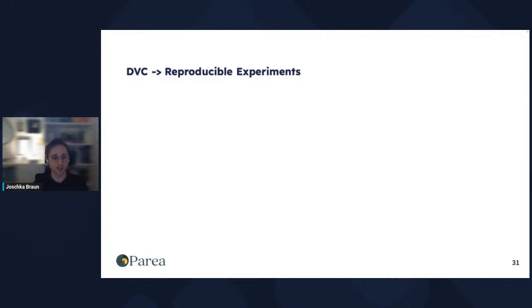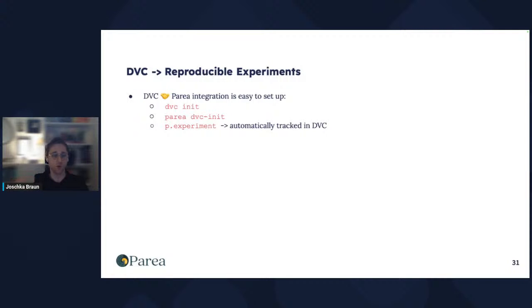And setting up an integration with Parea is very easy. First you would run DVC init, which just initializes your DVC repository, and then you would run Parea DVC init. And with that, whenever we run p.experiment with Parea, we automatically track that experiment in DVC. This then allows me to use my two favorite DVC commands.